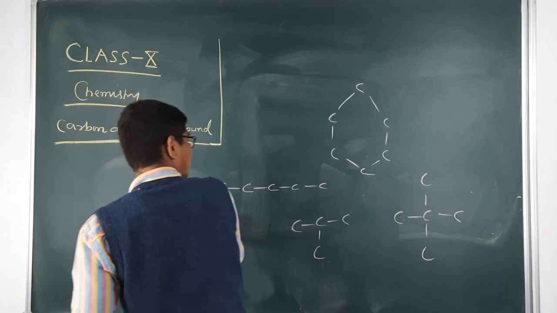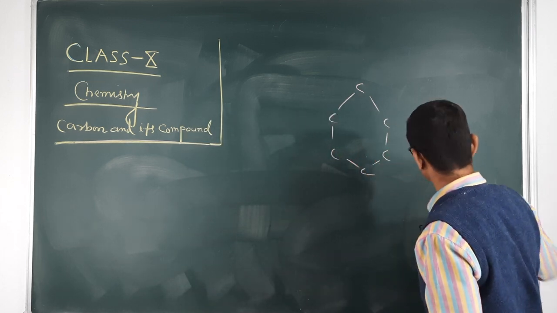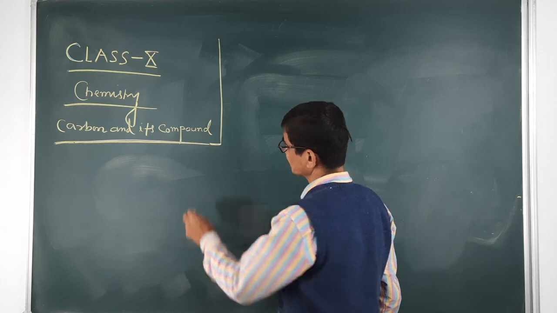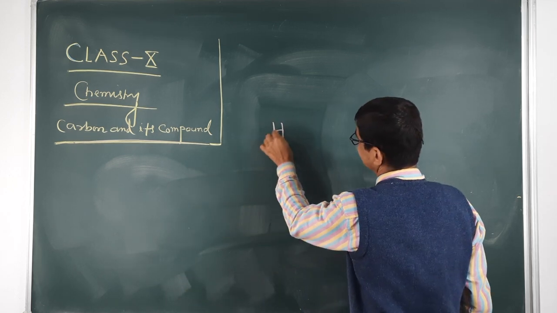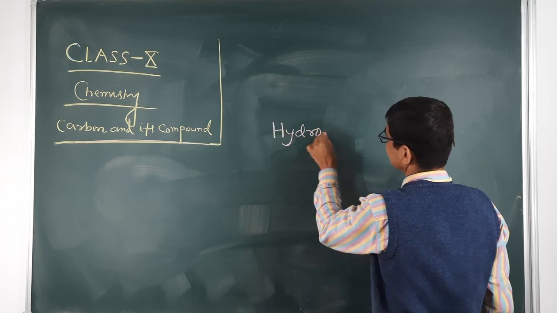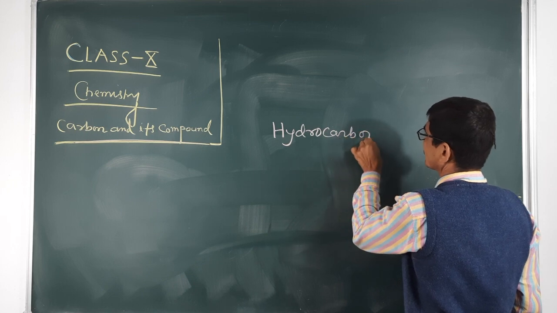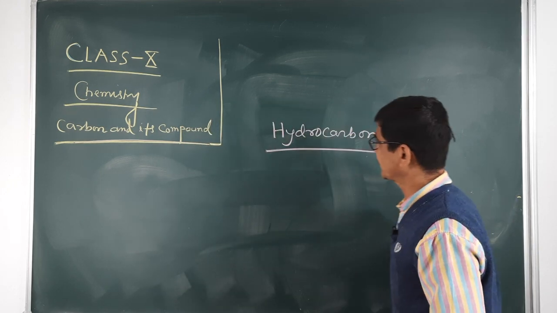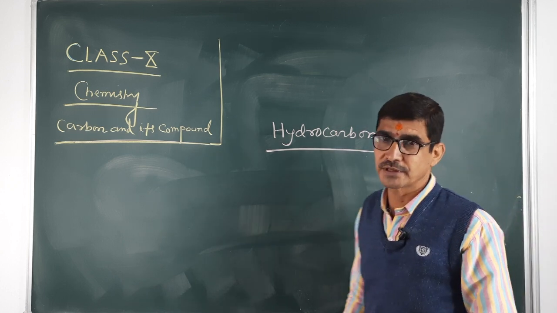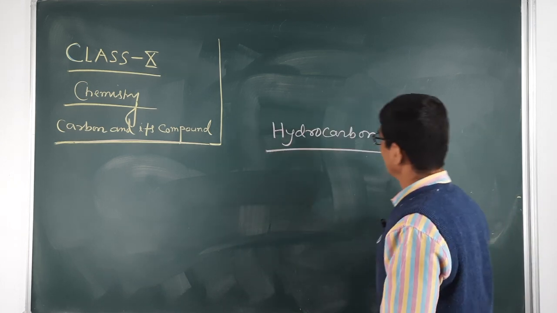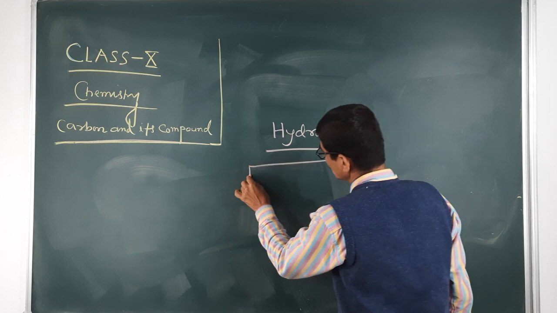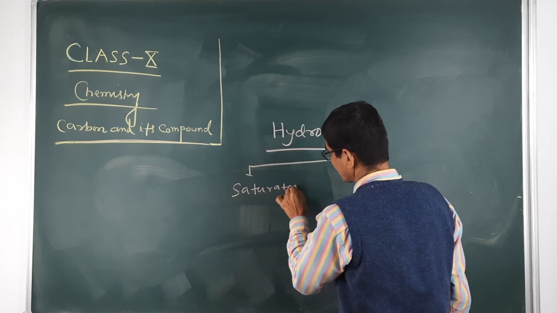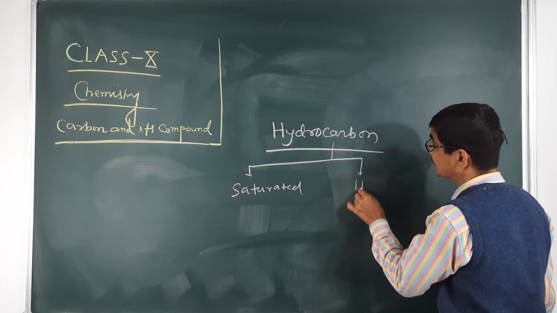Now, another important thing, that is hydrocarbon. It is clear from its name, hydrocarbon: a compound formed by hydrogen and carbon is called hydrocarbon. You know that hydrocarbons are two types, saturated and unsaturated.